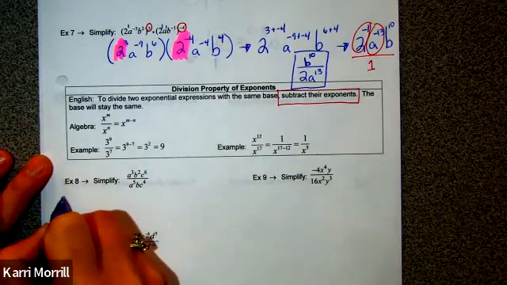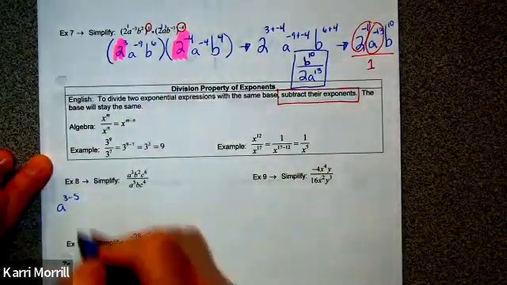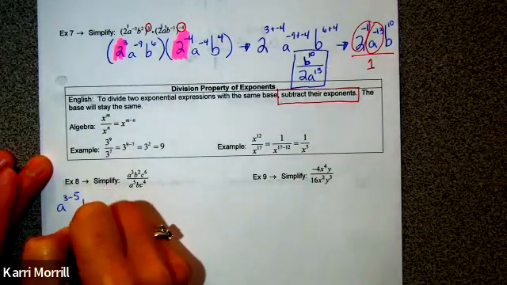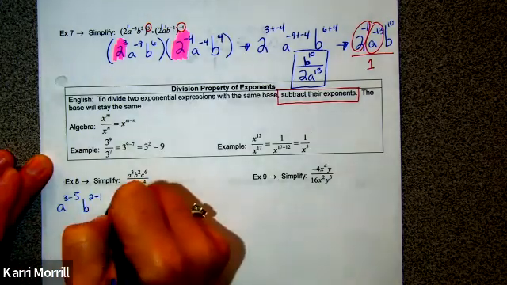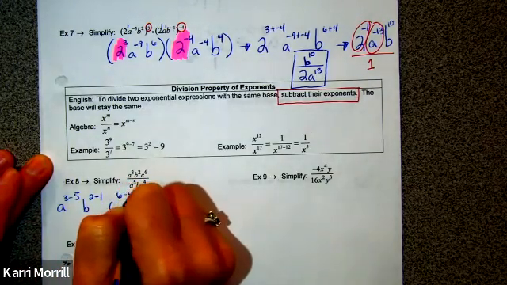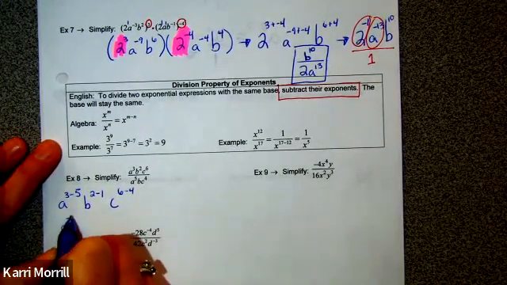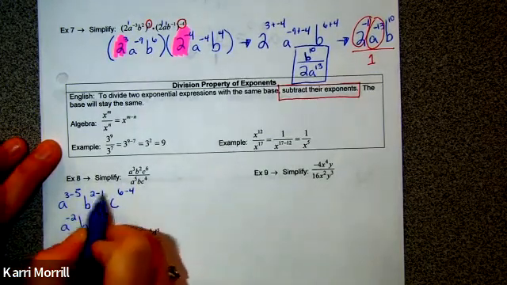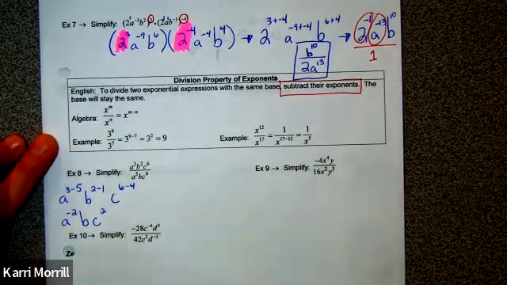So for A, you would be taking 3 minus 5, so top to bottom. For B, you're taking 2 minus an understood 1. And for C, you're taking 6 minus 4. So this would give you A to the negative 2nd, B to the understood 1 power, and C to the 2nd power.